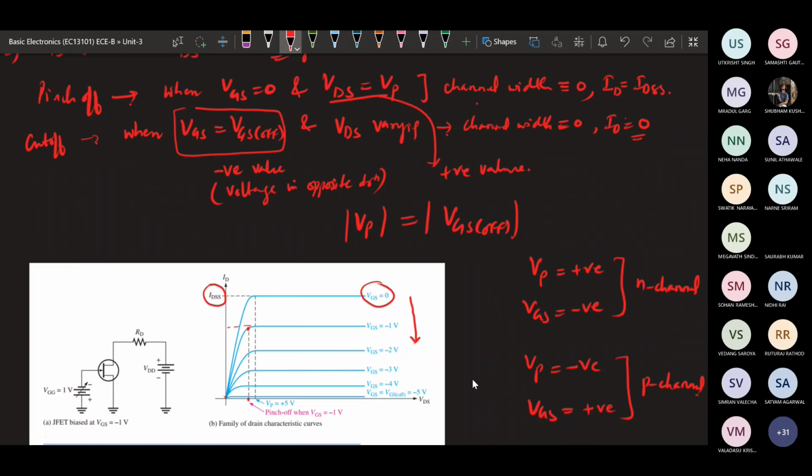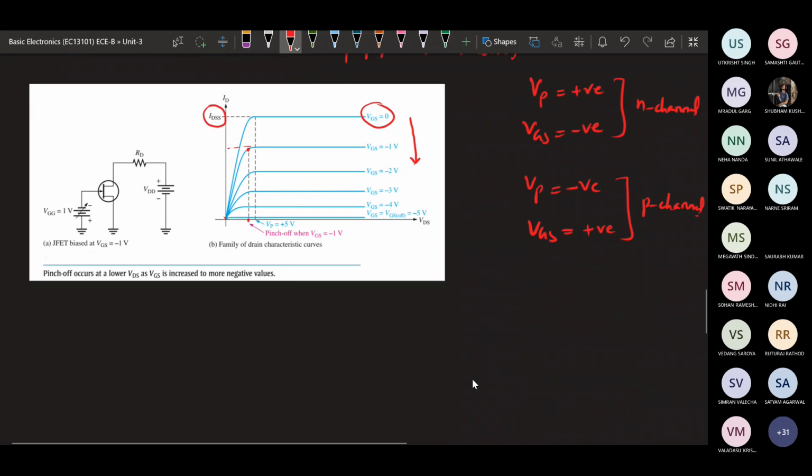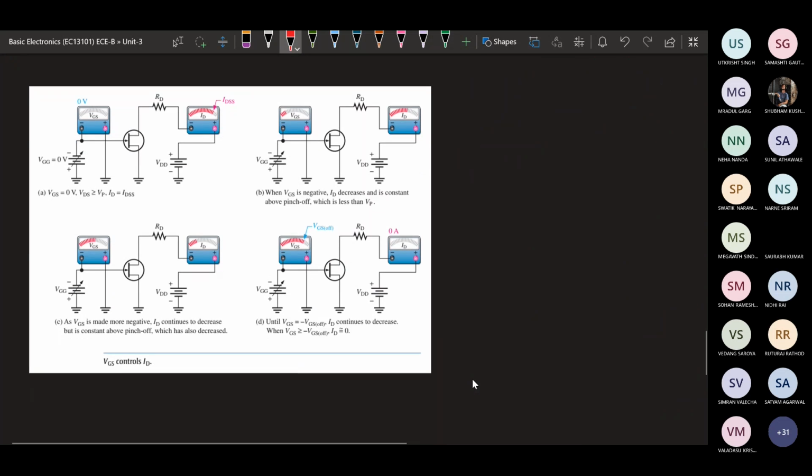That will be the cutoff or off point. So the JFET has become off, or cutoff. This is how VGS controls ID.